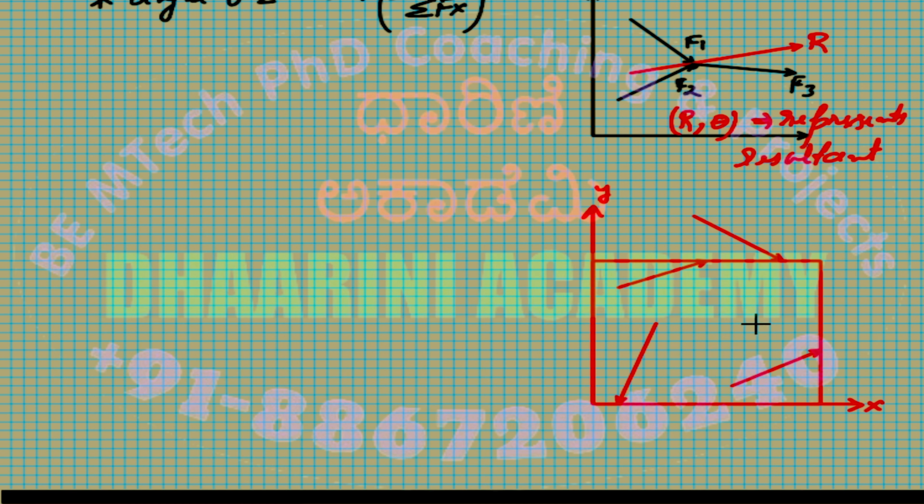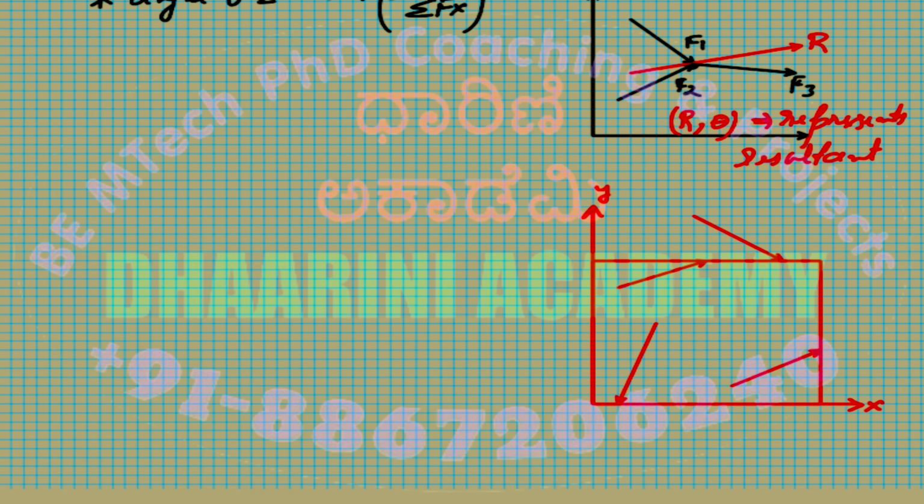R and theta could be anything. Now the resultant will also be present on the same plane, but since there is no common point through which the resultant passes, like in the previous example, where we were definite that this R passes through this point with this magnitude and with this theta, R and theta given means only one force. We don't have many forces with the R and theta value, but in this case there are many forces which will satisfy this condition.